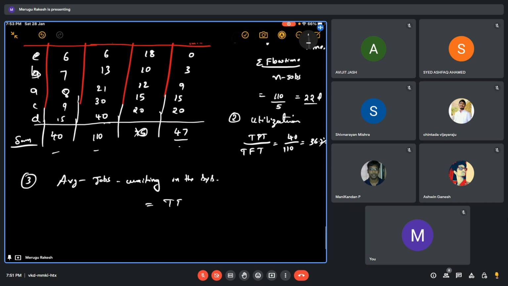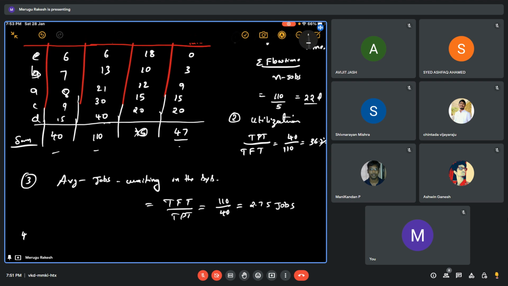This is nothing but total flow time divided by total processing time, which is the inverse of this utilization. 2.75 jobs are waiting in the system at a given instant.